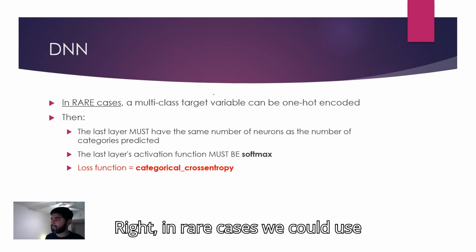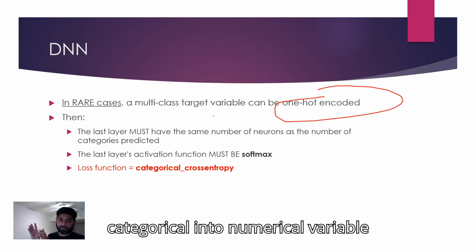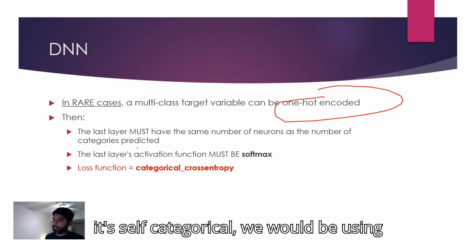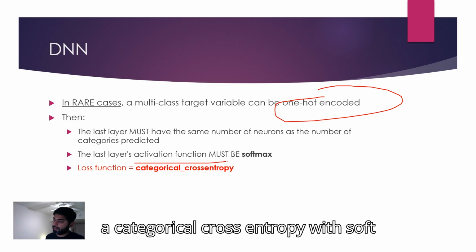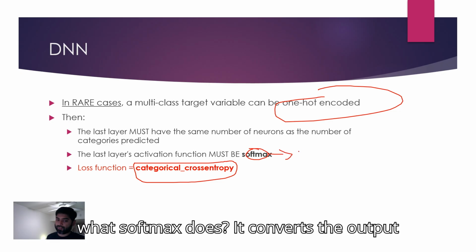In rare cases, we could use the one-hot encoder to convert the categorical into a numerical target variable. So if it's still categorical, we would be using categorical cross entropy with softmax as the activation function. You know what softmax does? It converts the output into probabilities.